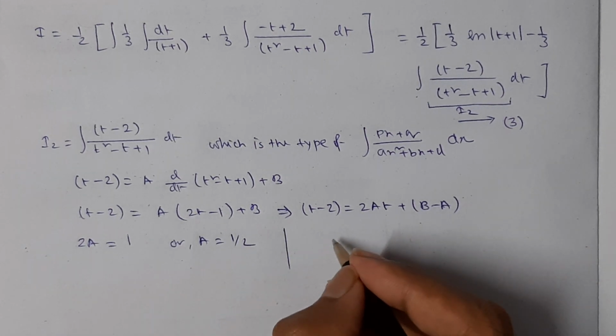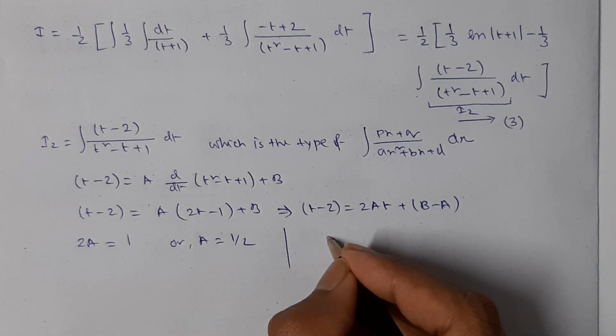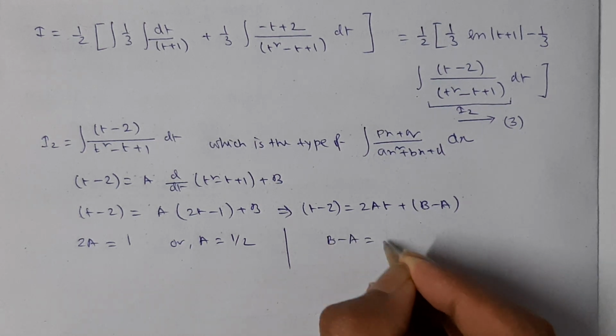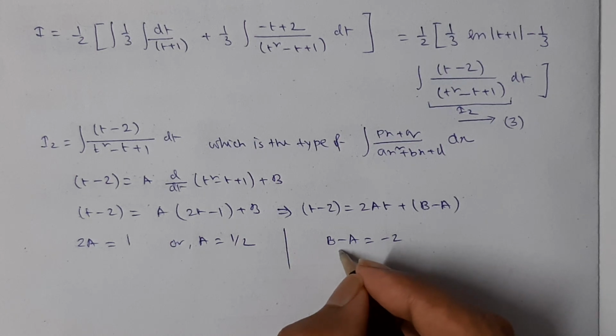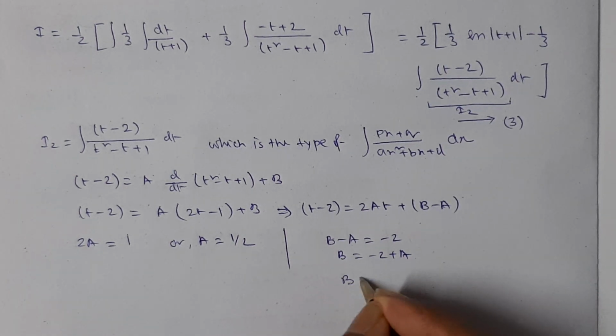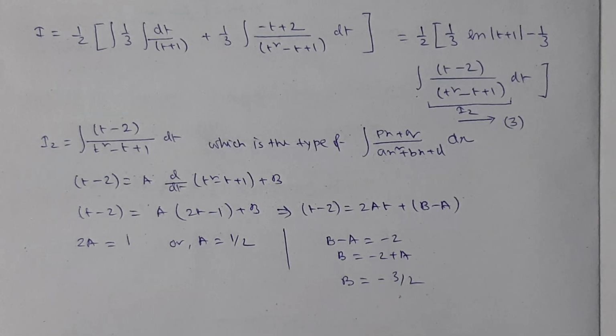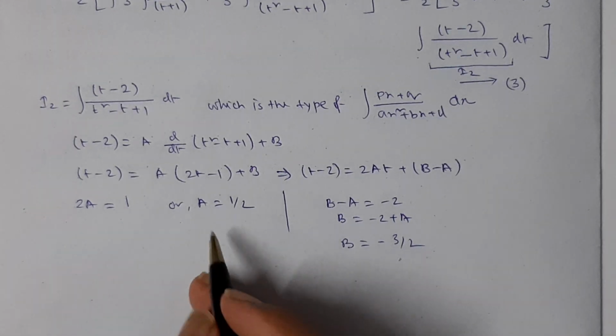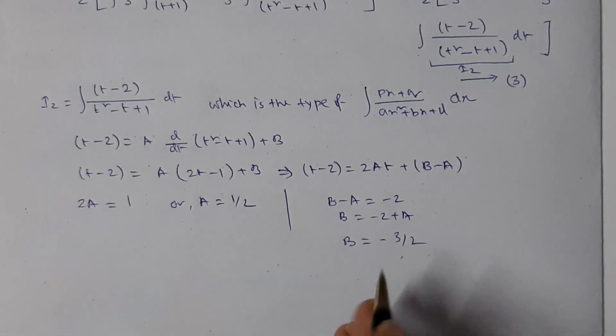Another, b minus a is equal to minus 2, and b is equal to minus 2 plus a, so b is equal to minus 3 by 2. So we get the values half and minus 3 by 2.